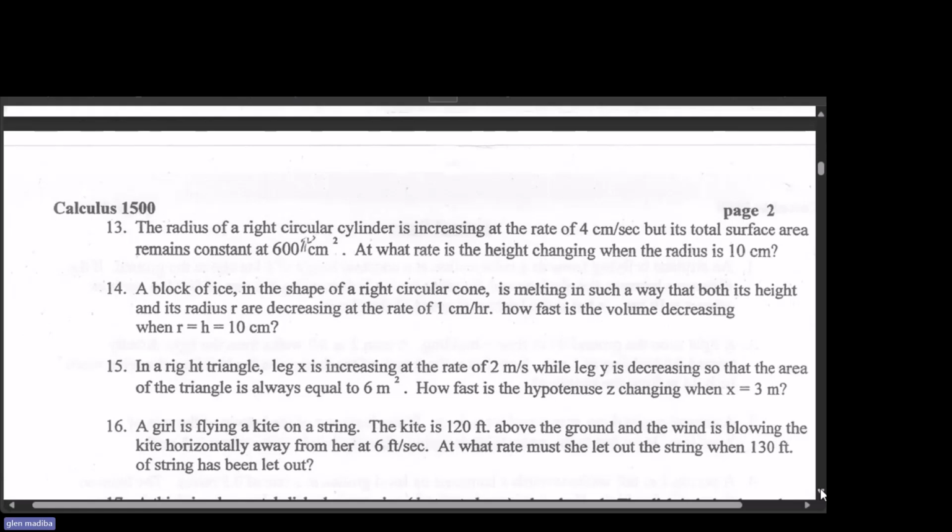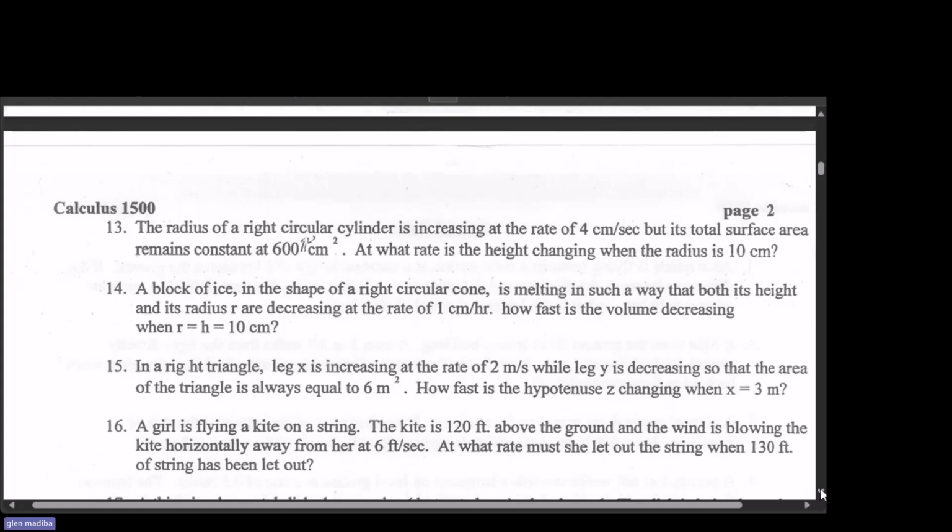Then the next thing will be to find x, and after that, this is the clue that I need to give. We know dx over dt is 6 feet per second.